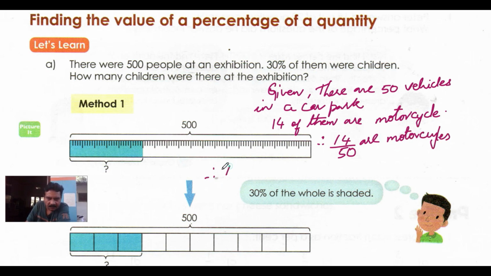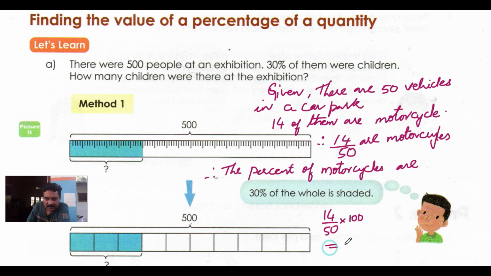Therefore, the percent of motorcycles, we have to find out the percent, right? So 14 by 50 into 100. So it means 14 into 100 by 50. 50 ones are 50, 50 twos are 100, so 14 into 2 is equal to 28.